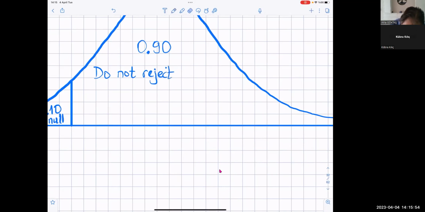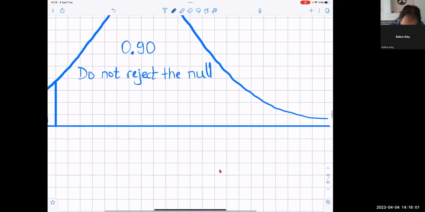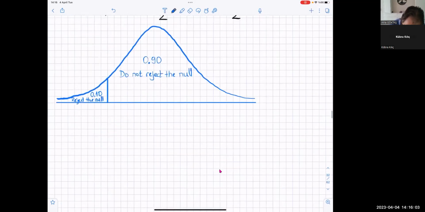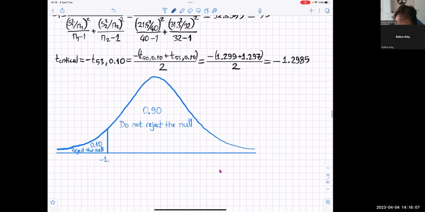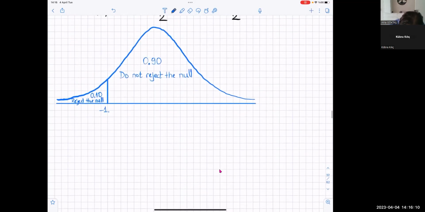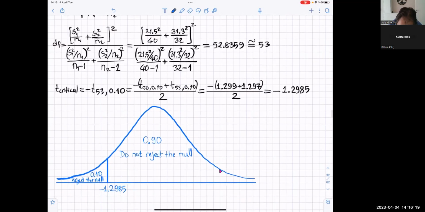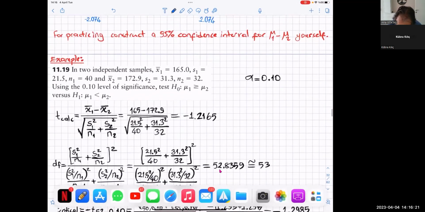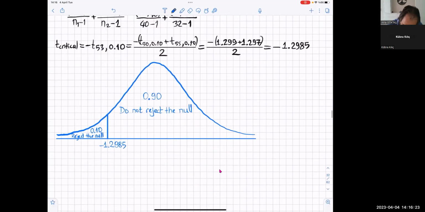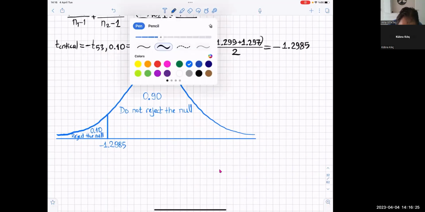Check the null. The critical value is minus 1.2985. The calculated statistic is minus 1.2165. We'll have bigger.